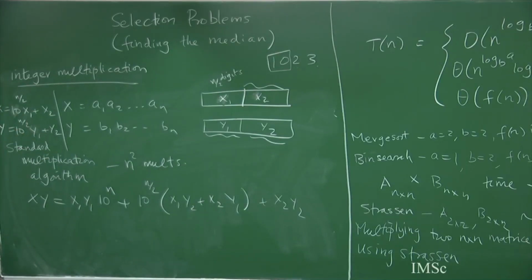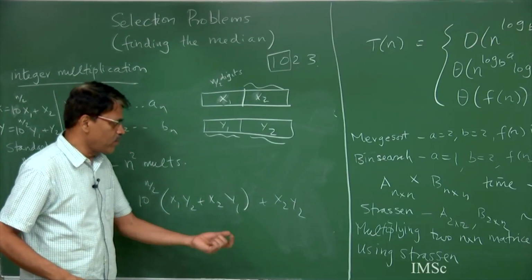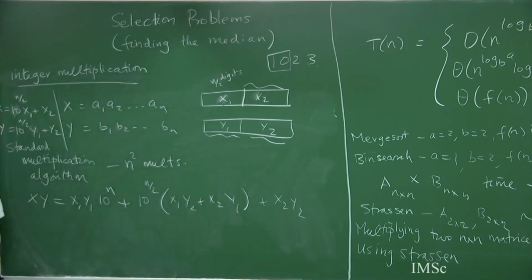Now, these are n by 2 by n by 2 digit numbers. So, suppose I recursively compute this product, this product, this product, this product, and then put them together. What would be my recurrence relation?